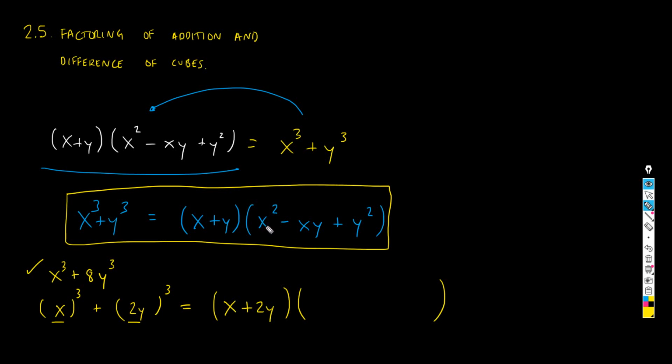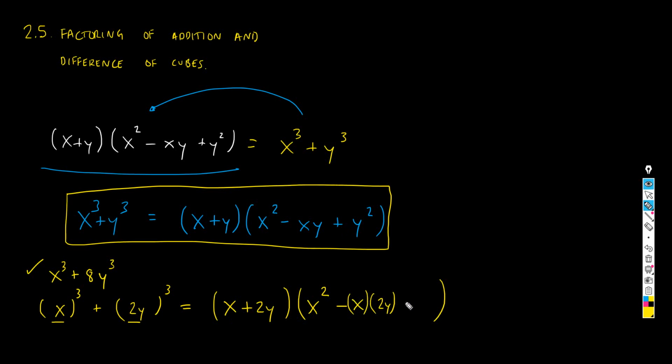What's going to be the first term in the trinomial? My first number to the square. What is my first number? It's x. So I just write x to the square, minus the product of the first number times the second number. My first number is x, my second number is 2y, so I can do this. That's perfectly okay.